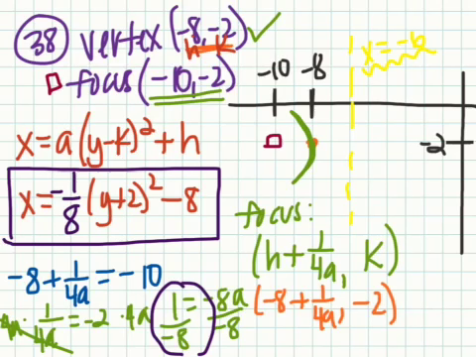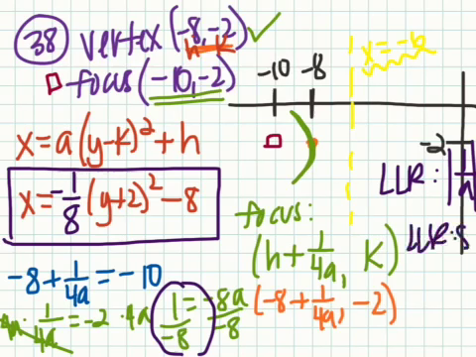Something I should mention for this one, even though it doesn't ask you to, is that we could go ahead and finish this graph. Since we know the a value, we know how wide this is going to be. If you remember the term LLR, it's the absolute value of 1 over a, and that's the distance through the focus to both sides of the parabola. So 1 divided by 1/8 is 8.